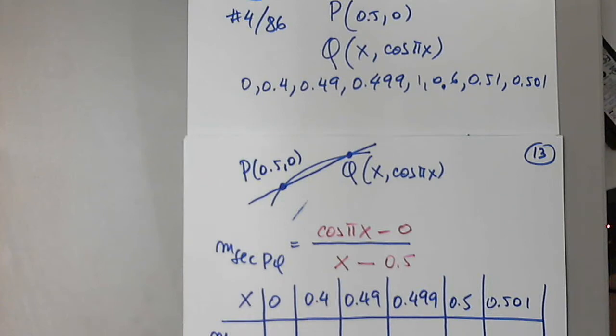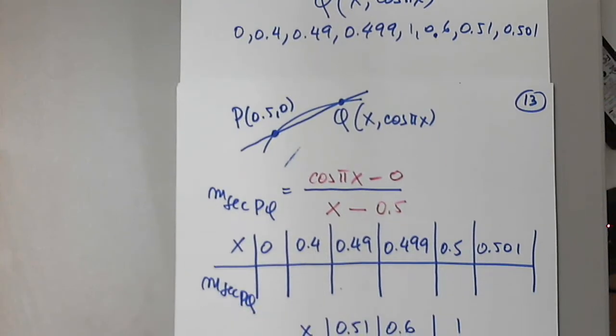I ran out of room. Don't be surprised. I will always run out of room. 0.51, 0.6, and 1. So this is the continuation.